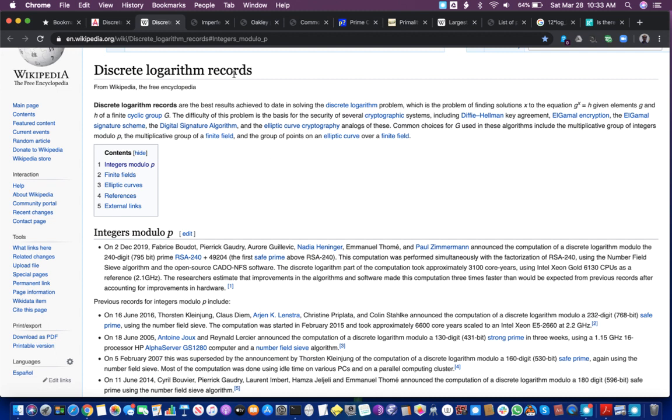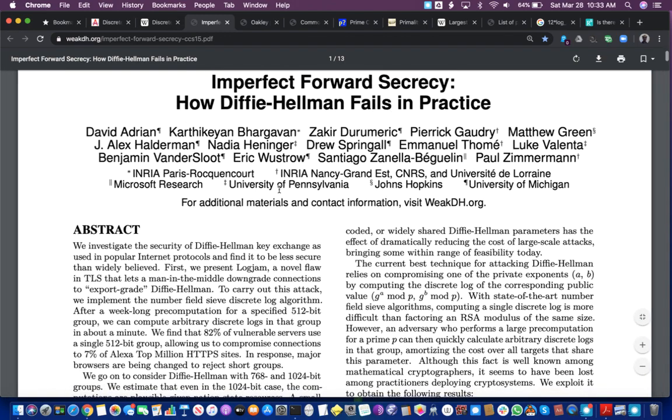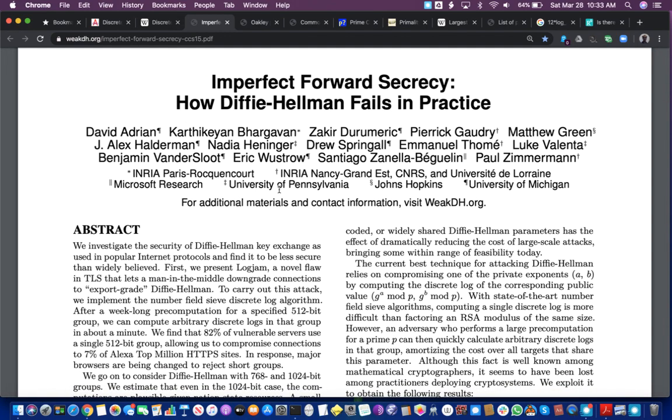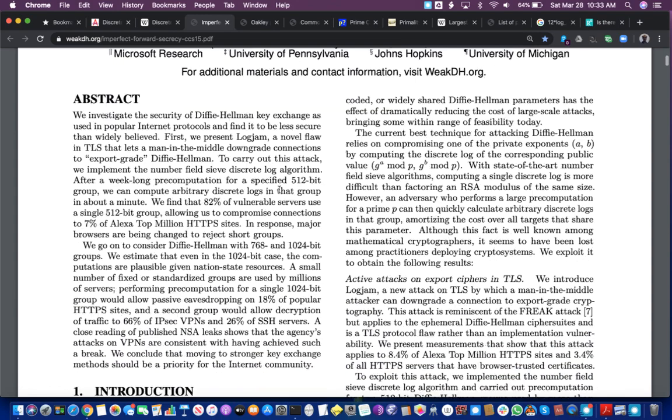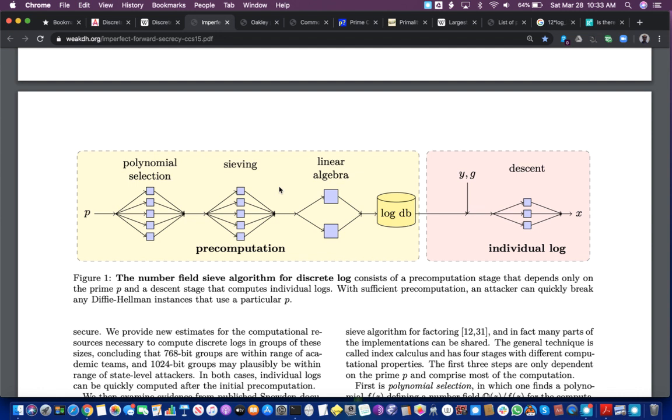Now, there's a lot more to know and understand about the practice of things like discrete logs when you're setting up systems. Here was an interesting paper that appeared a little while back. It corresponds to what's called the Logjam attack. What this says is that the algorithms for computing discrete logs mod a prime do have the running time we said, but they're very structured in the following sense: the bulk of the computation only depends on the prime p.